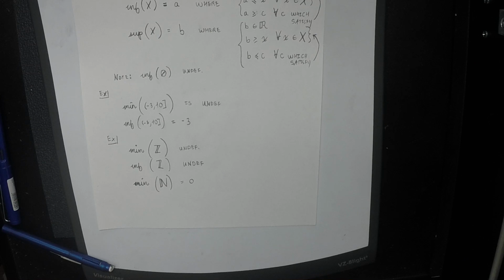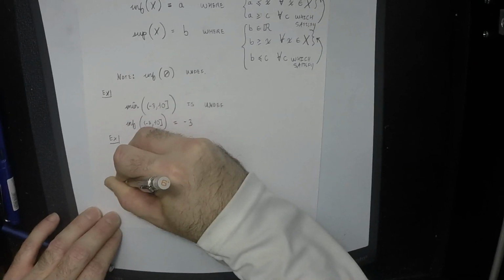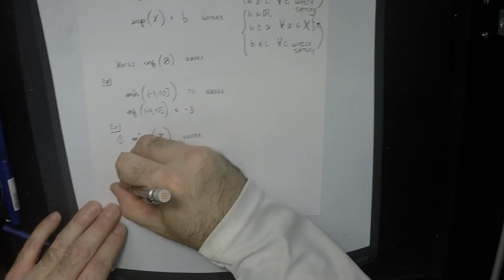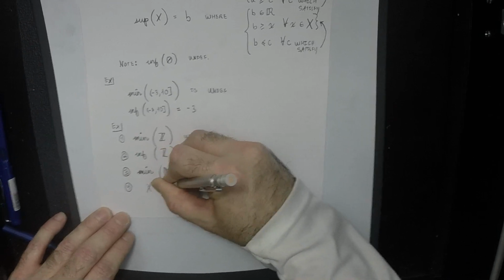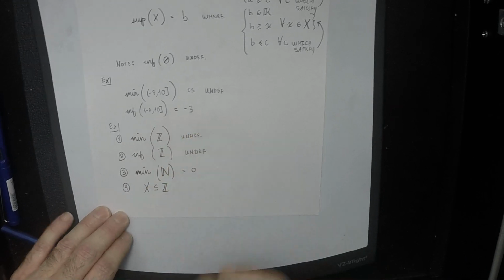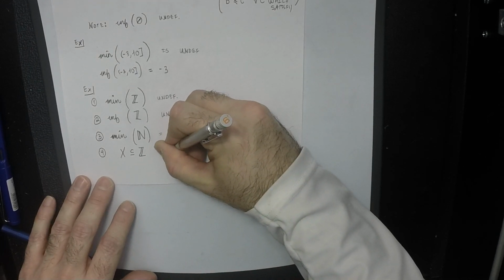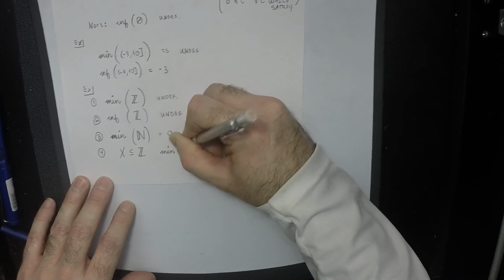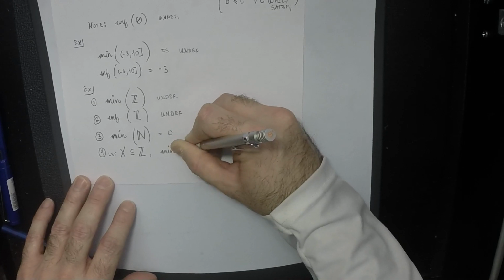When a minimum exists, the infimum is also that exact value. So the infimum also exists. What if we say that set X is a subset of the integers, and we're asking about the minimum of set X?